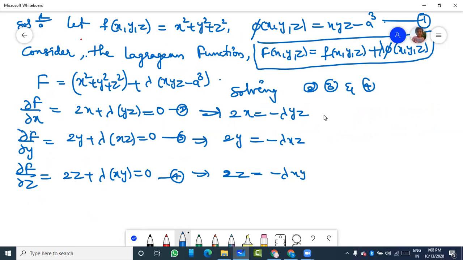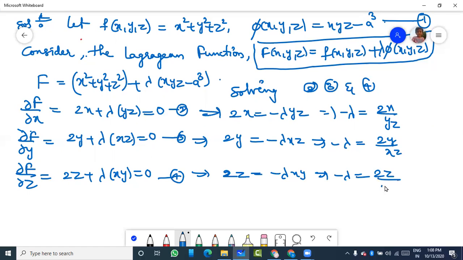Okay. From this, we can write minus lambda equal to 2x by yz. Here also minus lambda equal to 2y by xz, minus lambda equal to 2z by xy. Is it clear? Yes, ma'am.